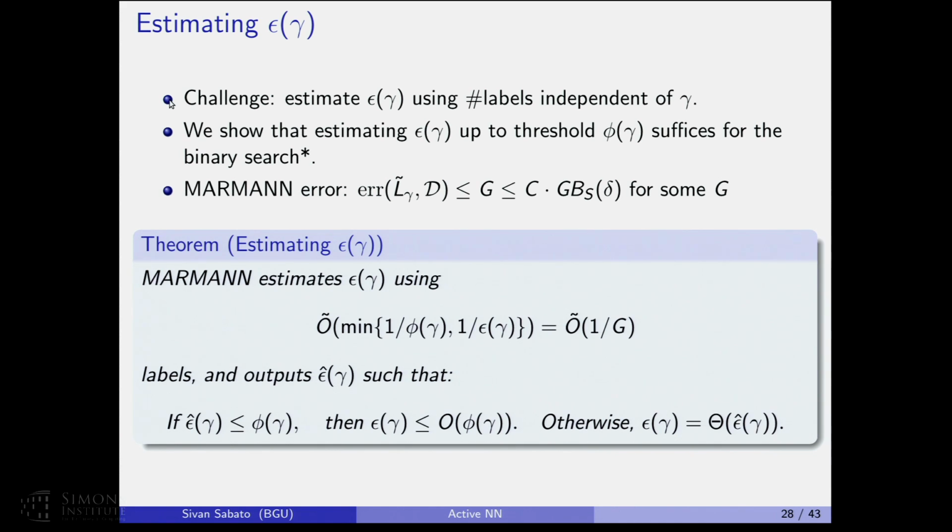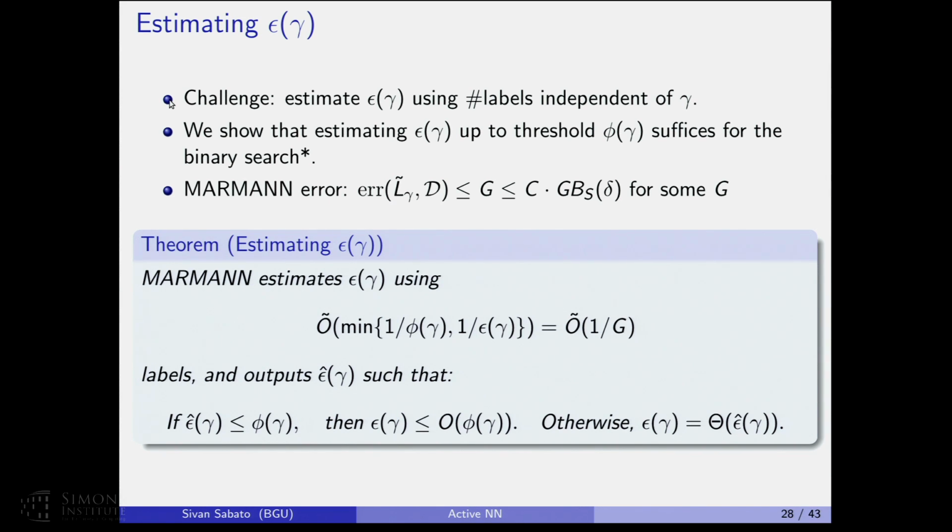And this accuracy, we set it so that we never pay more than what we're actually going to get in the end. If G, as I said, is our final guarantee for the error, then the number of labels that I'm going to use to estimate this sample error is going to be the minimum between 1 over the error in this gamma and 1 over my penalty term for this gamma, which means that I'm not going to pay more than 1 over G. So again, what this means is I'm doing model selection.